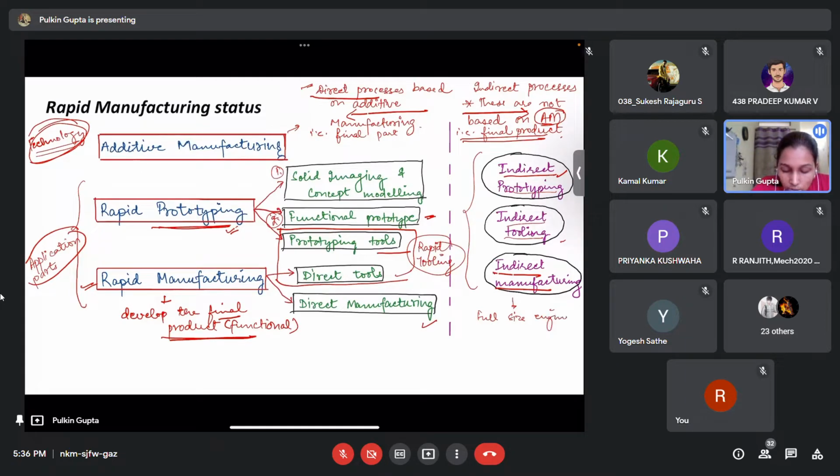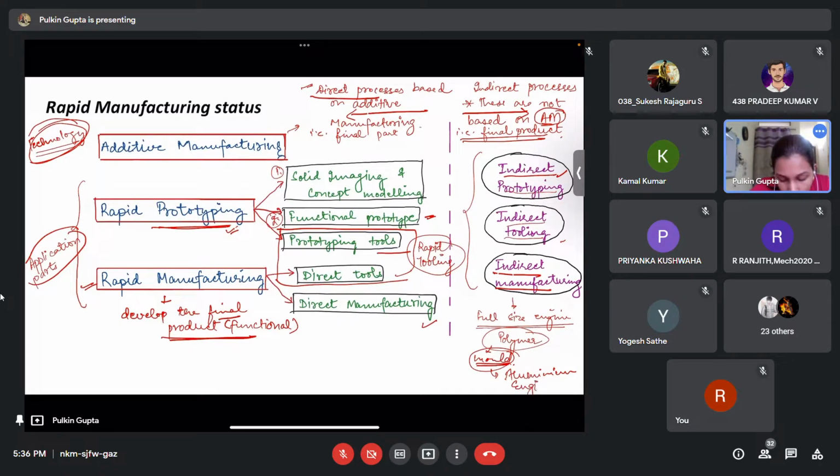So we make it using some polymer, 3D print it using some polymer, then make a mold out of it, and then use this mold to make engines of actual metal, of say aluminium.